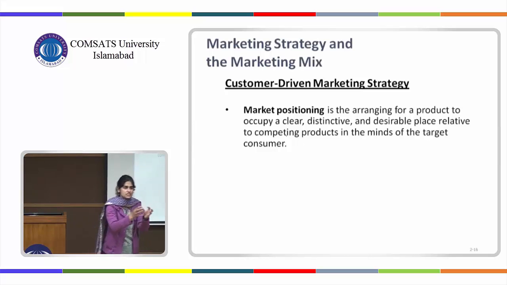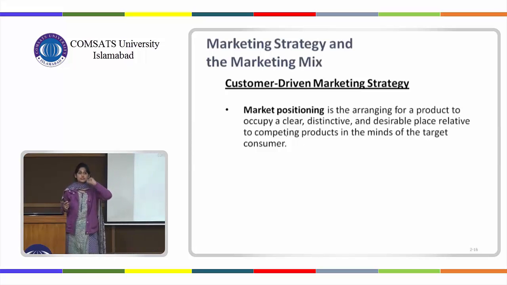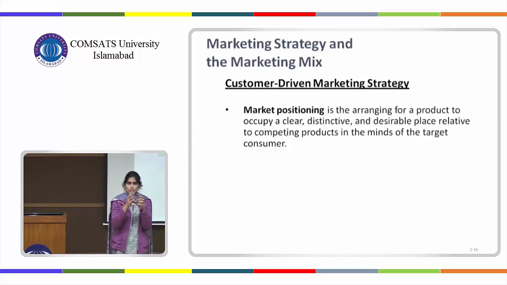Would you want to place the product somewhere near Chanel or somewhere near Stylo? Right? This is positioning the product. So maybe Michael Kors produces as good bags as Chanel, but they are not in the same segment. Why? Because according to the perceptual map, the highest end bag is Chanel, not Michael Kors.